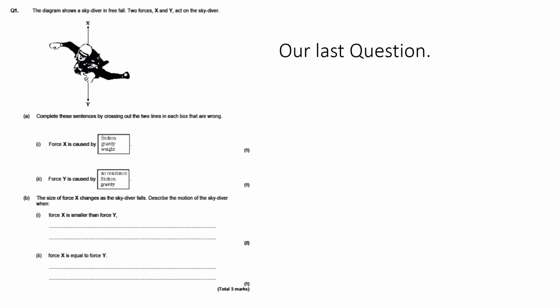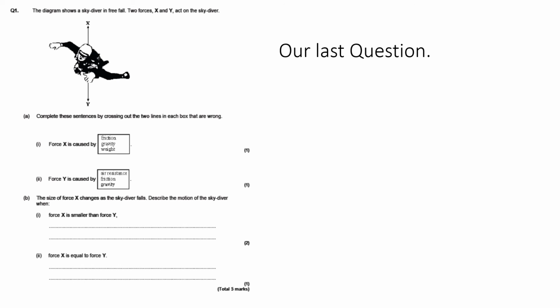Last one. This is a little bit small, but I just wanted to pop this on here to make sure that you understand. The diagram shows a skydiver in freefall. 2 forces, X and Y, act on the skydiver. Complete these sentences by crossing out the 2 lines in each box that are wrong.